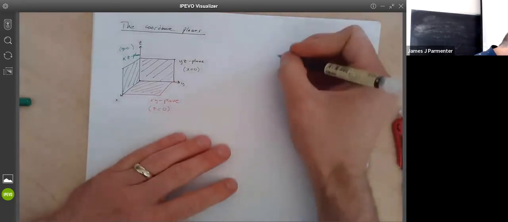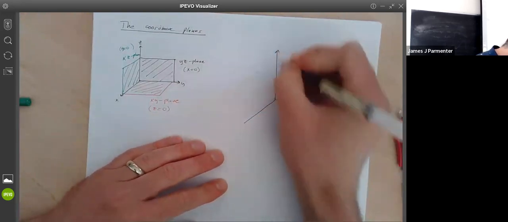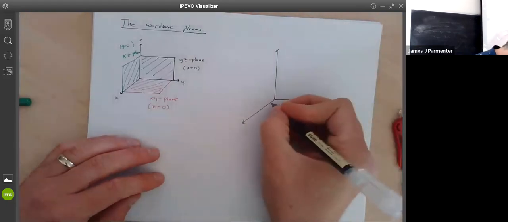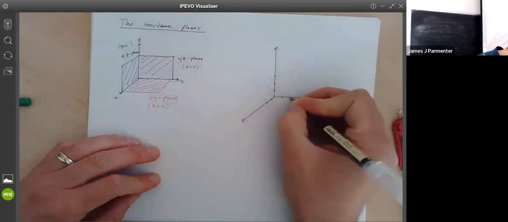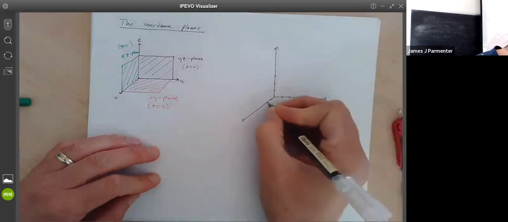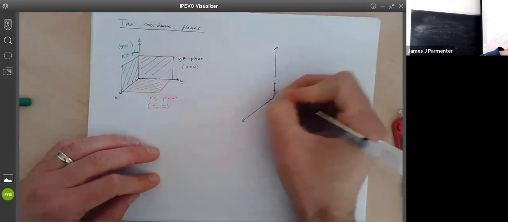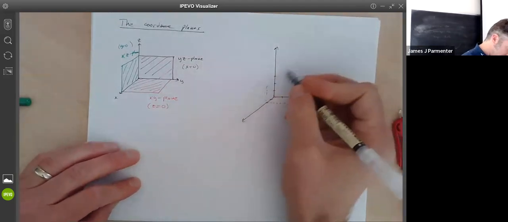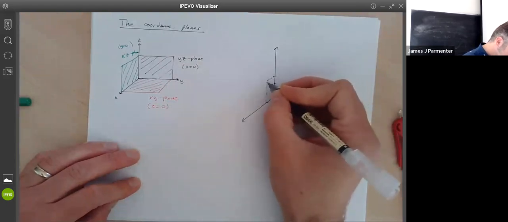For example, if I go back to that point I had before, which was 2, 4, 3, we look at this box here. This is where I have to be careful with my drawing. When I'm trying to find where this line intersects, I'm trying to draw that parallel to the x-axis.